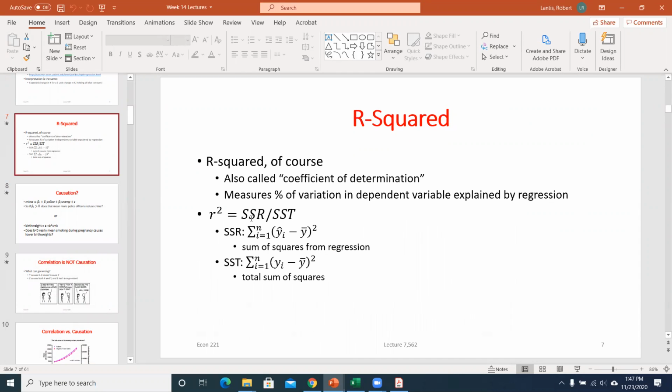Look at this numerator: here's my predictions, here's the deviation from the actual Y value. So what's the variation in what I'm predicting versus the actual average? Then look at the actual deviation of the actual Y values from the average.